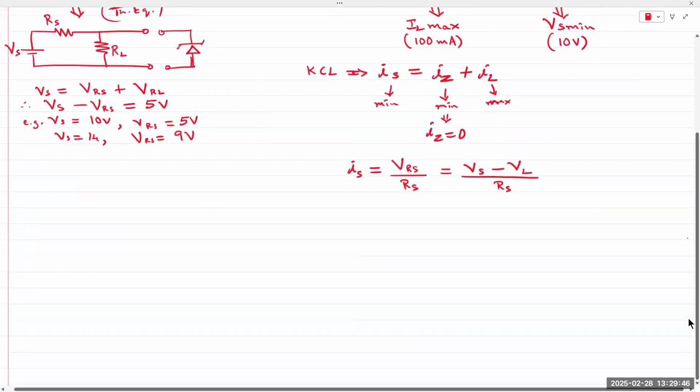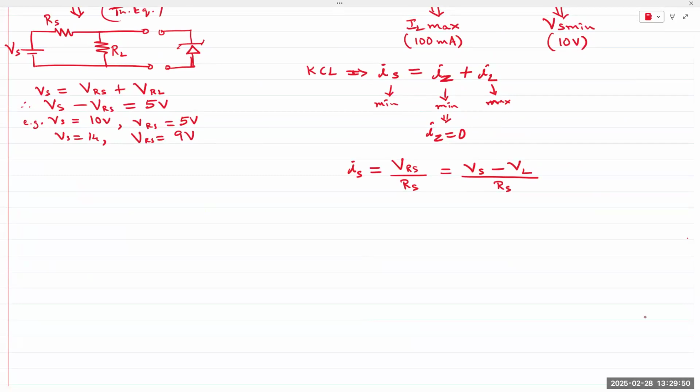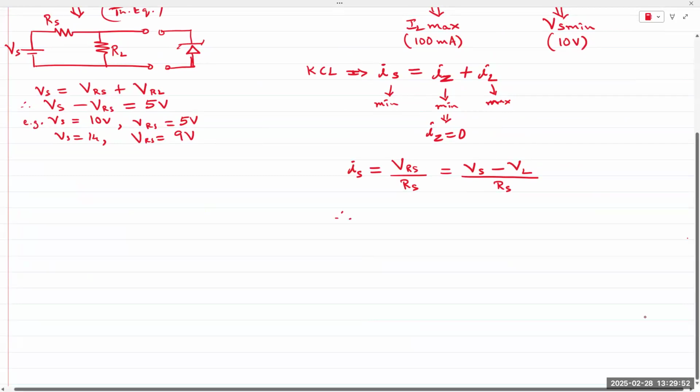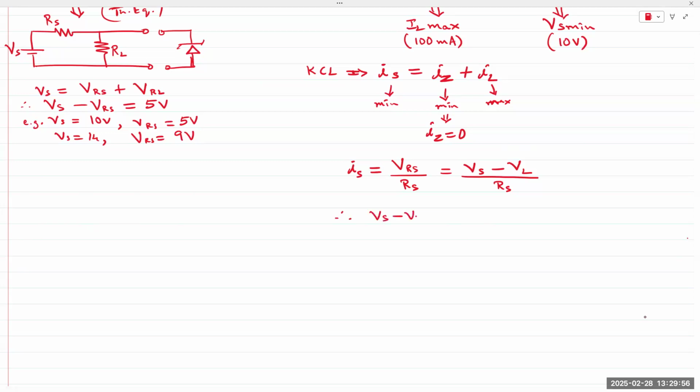And now we can plug that into the above expression and set IZ equal to 0. So I can write Vs minus VL over Rs is equal to 0 plus IL.